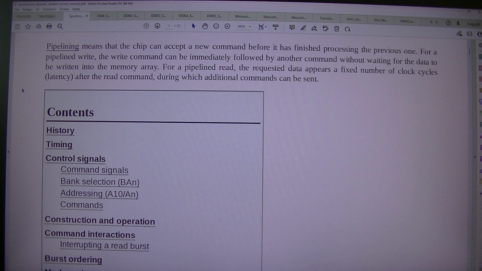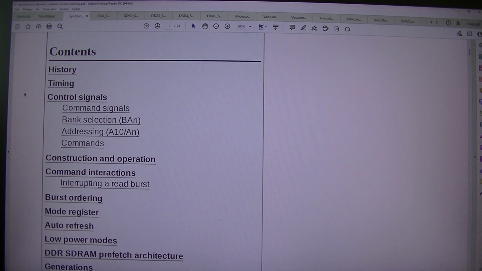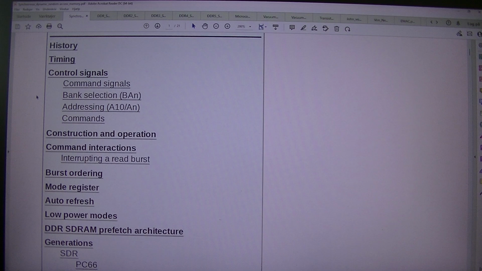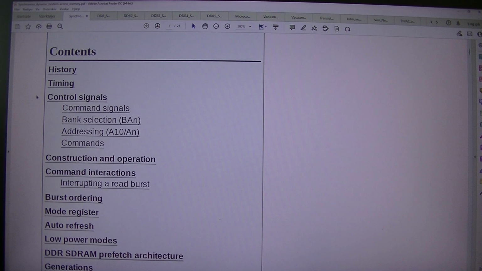Contents. History. Timing. Control signals. Command signals. Bank selection, BA n. Addressing, A10. Commands. Construction and operation. Command interactions. Interrupting a read burst. Burst ordering. Mode register.